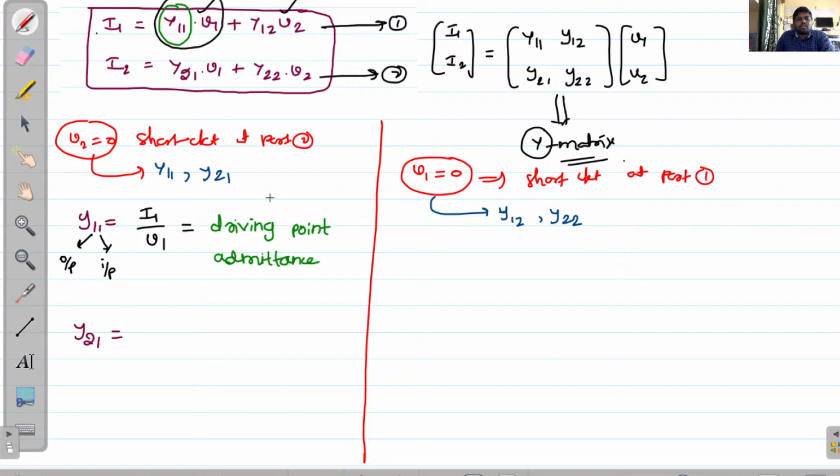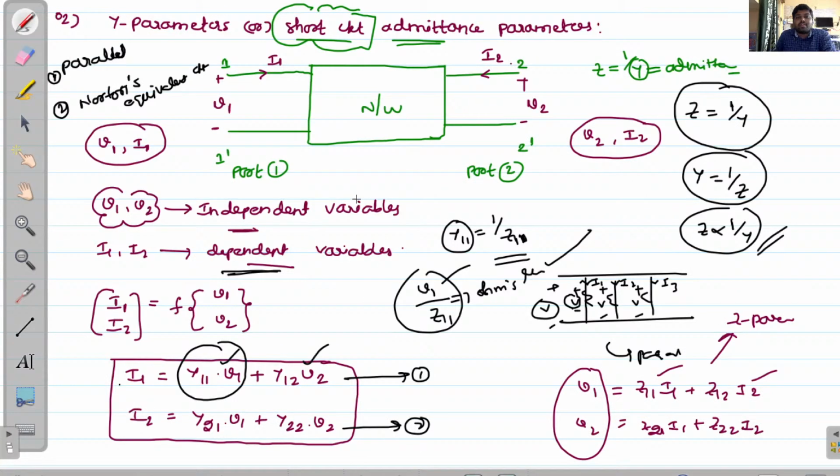I already told you that whatever amount of current enters through this one terminal, the same amount of current comes out from the 1 dash terminal. Same for port 2: whatever current enters the second terminal, the same amount comes out through the 2 dash terminal. So here we can expect I2 amount of current at this 2 dash terminal.